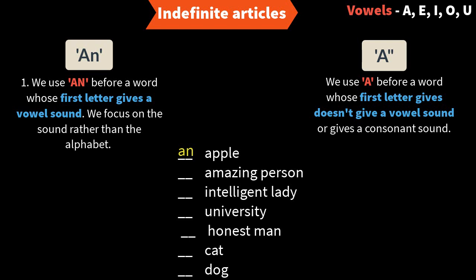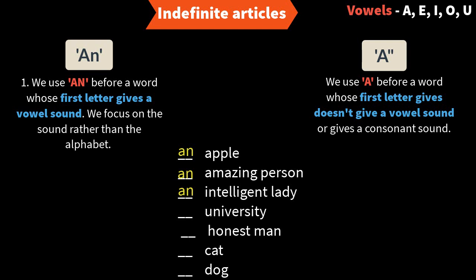The very first letter gives a vowel sound. Amazing, right? Vowel. An amazing person, an amazing lady. Third word, intelligent lady. The very first letter gives a vowel sound. E, intelligent lady, right? E, vowel. An intelligent lady.